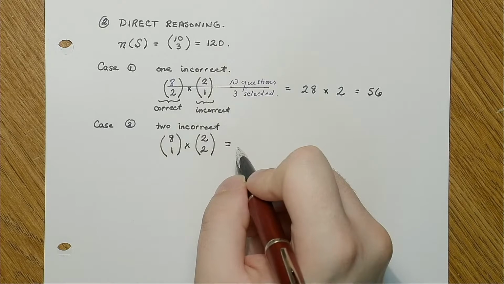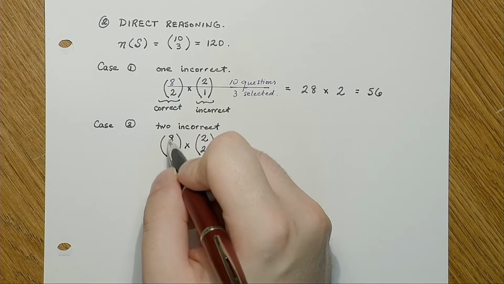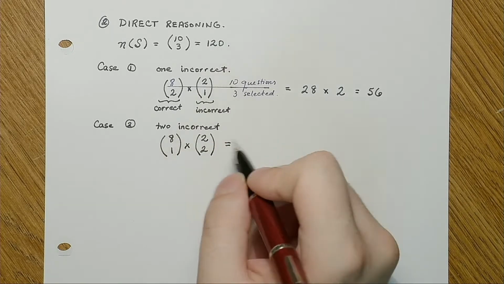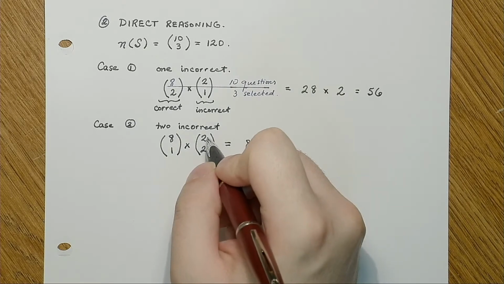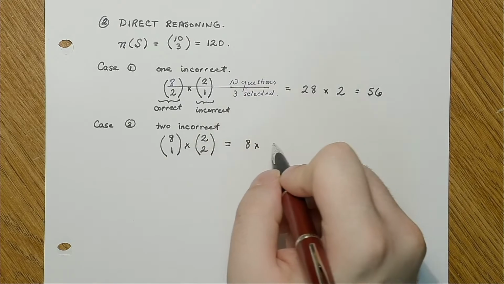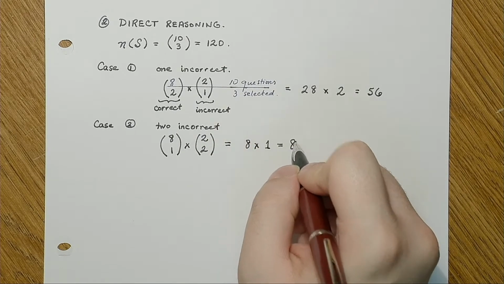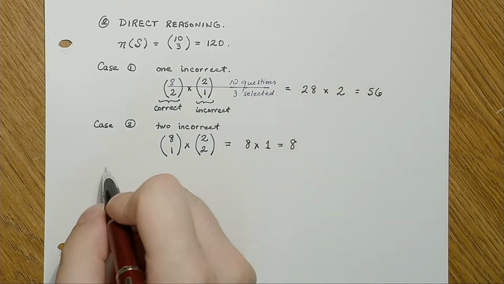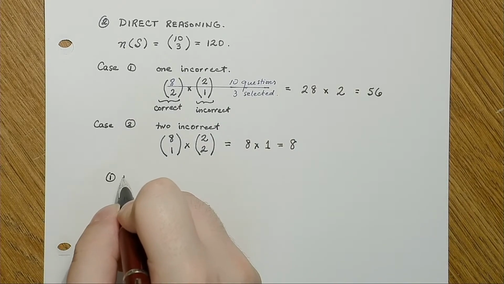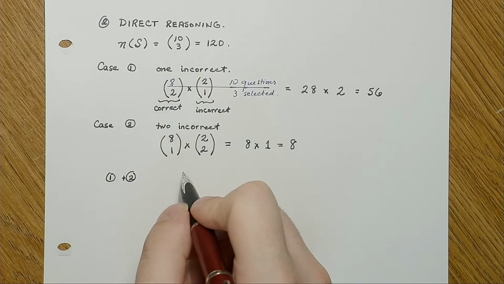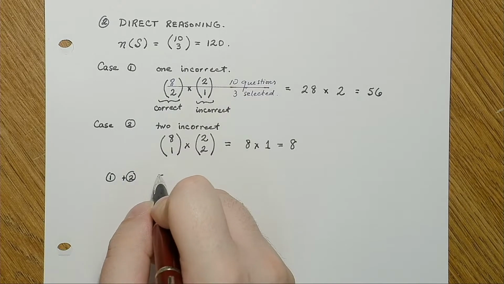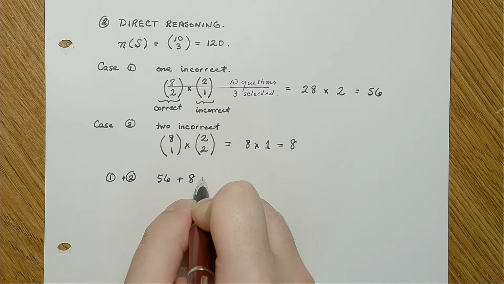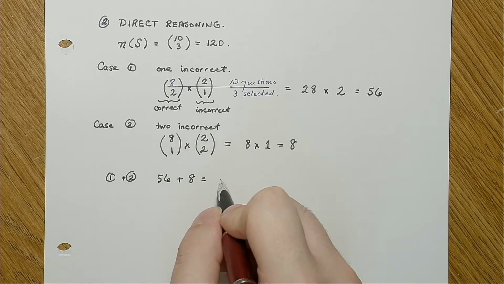So I have 8 choose 1, so there's 8 questions. There's 1 I'm going to pick, so there's 8 ways to do that. I have 2 questions. I'm going to pick all 2 of them. There's only 1 way to do that, so that's 8. So adding up those 2 cases, I get 56 plus 8, which is 64.